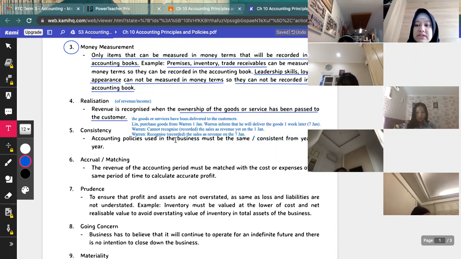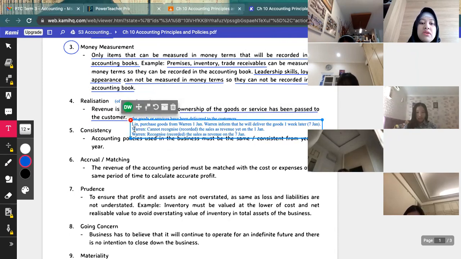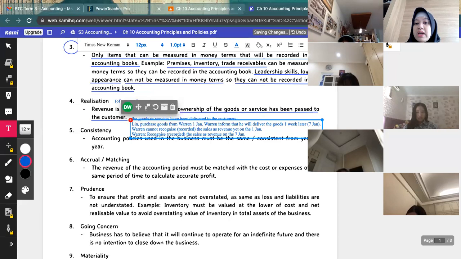Okay, now pay attention very carefully. Lynn purchased goods from Warren on 1 January. Warren informed that he will deliver the goods one week later, on the 7th of January. So the conclusion is Warren cannot recognize or record the sales as revenue yet on the 1st of January. Why? Because the goods have not been delivered to Lynn.